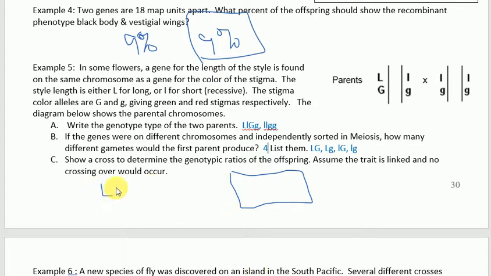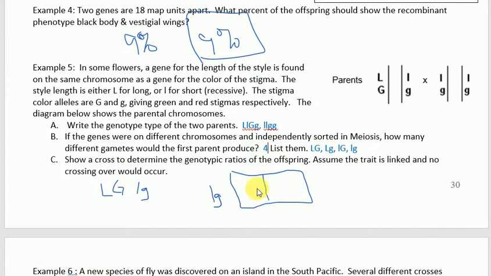So we've got an LG and a little lg, parent 1, right here. And here we know that we're just going to have lg.